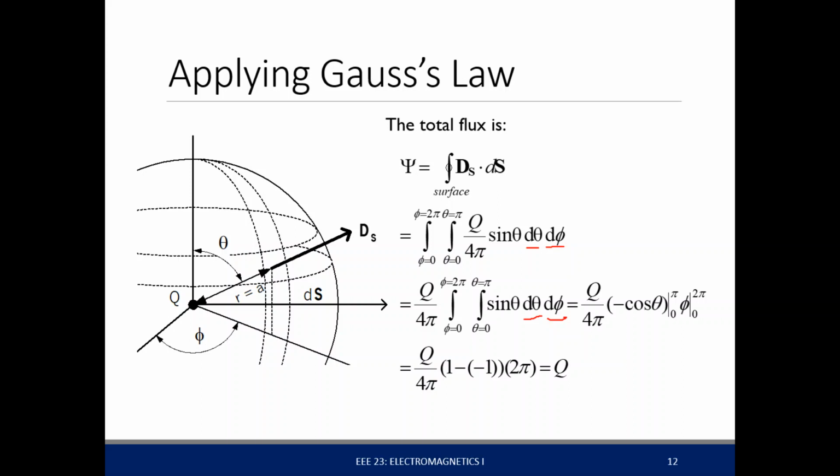So you separate all the terms with the same variables in the same integral. You integrate sine theta d theta, and you integrate d phi by itself, and you'll get this expression right here. Now, if you evaluate these two with their bounds, negative cosine theta will be equal to 2, 1 minus negative 1. And this is 2 pi minus 0, which is 2 pi. And if you multiply that, you'll just get this here.